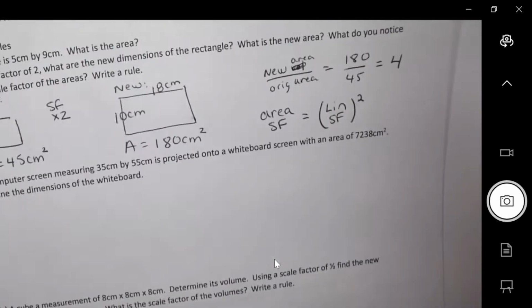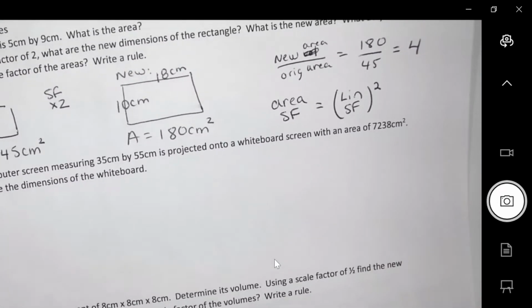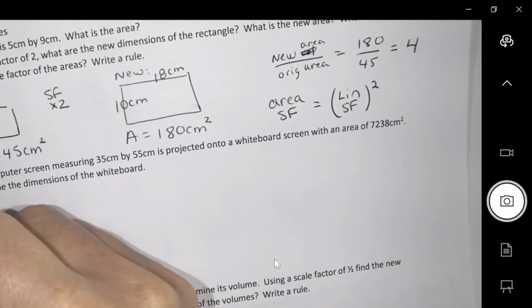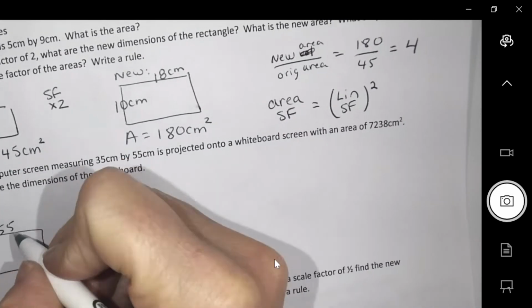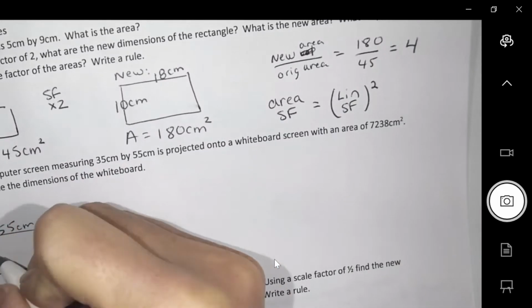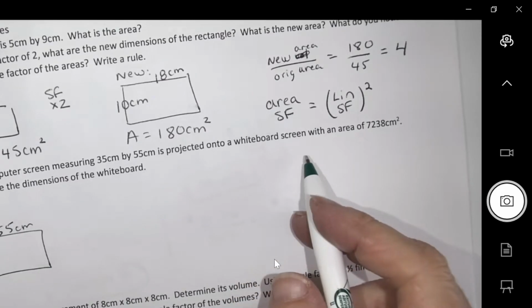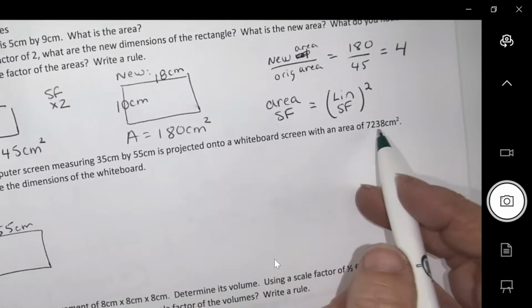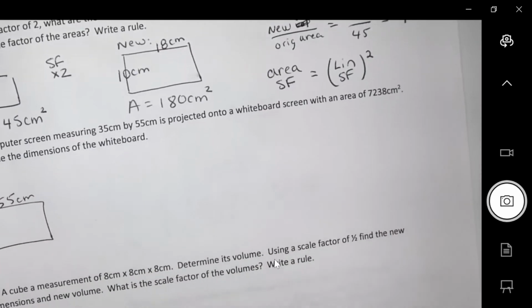Okay, you're ready. A computer screen is 35 by 55 centimeters, and it gets projected onto a whiteboard screen, and now it has an area of that. Determine the dimensions of the whiteboard.